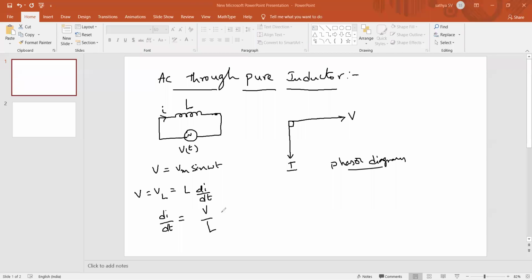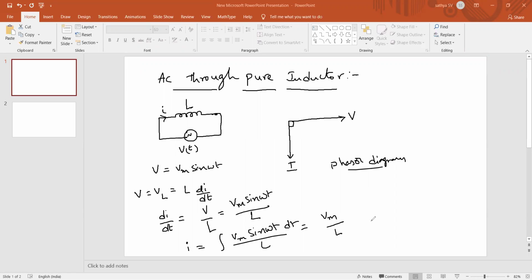And di by dt equals V by L, and that V value is Vm sin omega t, divided by L. So shall I get the value of i by taking the integration of this? Yes, sir. Vm is a constant, so I am writing Vm outside, and L is also constant, I am writing outside, and sin omega t dt. What is the integration of sin omega t dt?